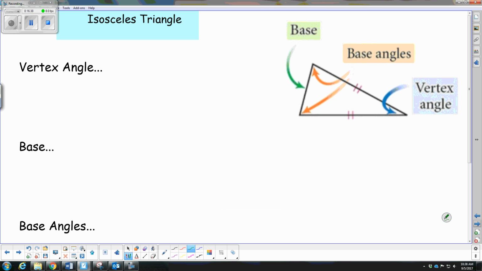With an isosceles triangle, it's important to know which sides and which angles they're referring to with the vocabulary that they use. The vertex angle is the angle between the 2 sides of equal length.